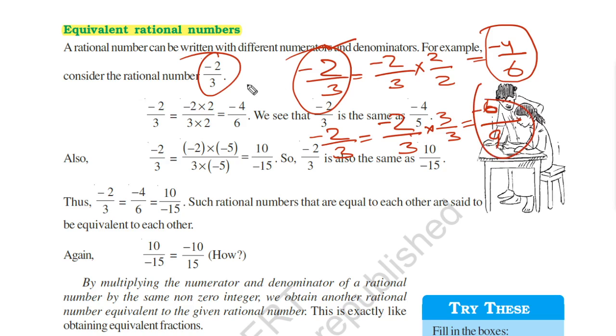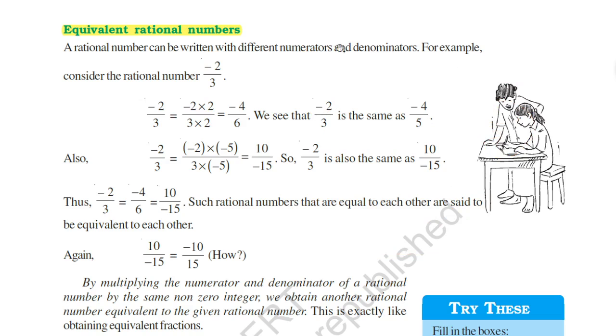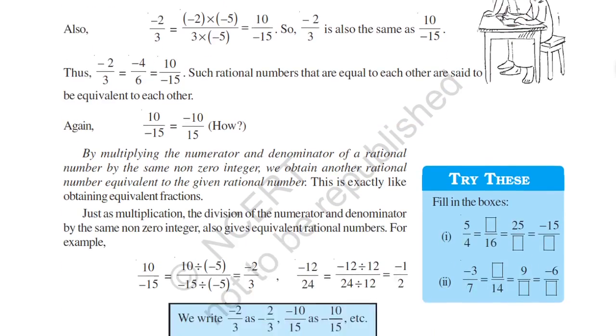We can say that minus 2 by 3 is equal to minus 4 by 6, which is also equal to minus 6 by 9. So they are equivalent rational numbers. The same type of equivalent numbers you have studied in finding equivalent fractions also. So this is the way you can find equivalent rational numbers.